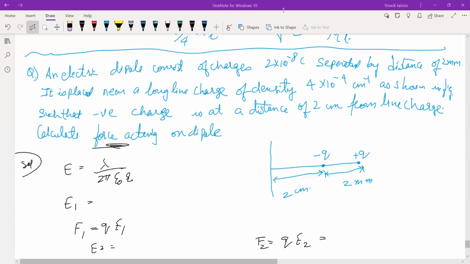F1 minus F2. Even F2 minus F1, you would get a negative force, so obviously it will be the opposite direction. So F1 minus F2 only. It's not just 6 point something.